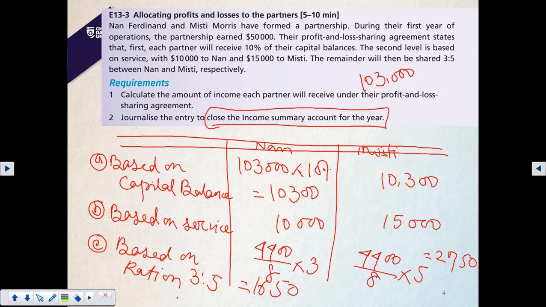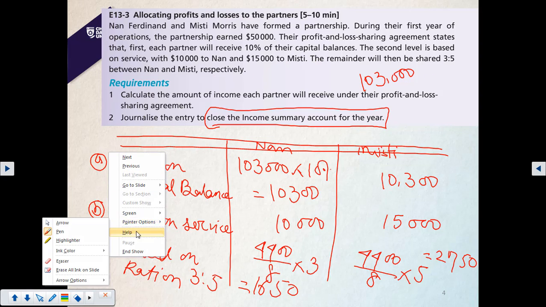Based on this calculation, income summary is going to be debit, and capital of Nan is going to be credit by this amount, and capital of Misty is going to be credited by the remaining amount. Is that okay? Do you want me to write? Okay, I write it here. Very important, so don't miss this.